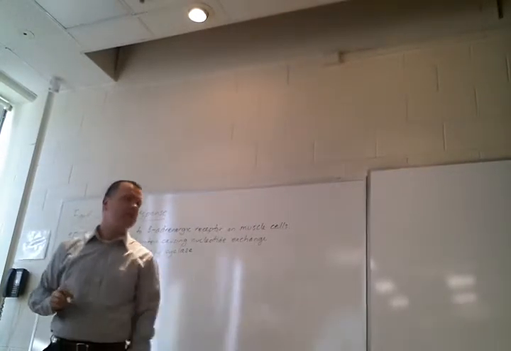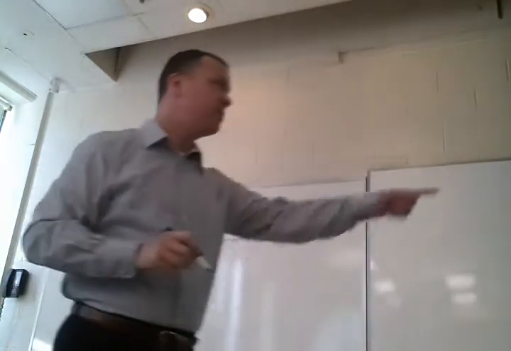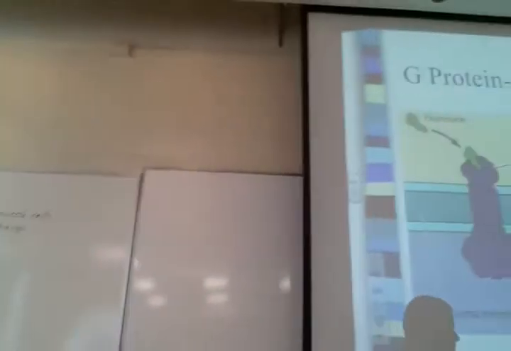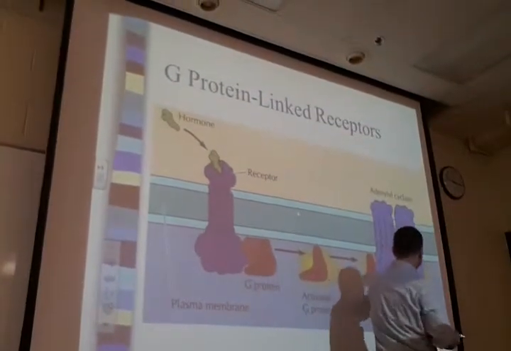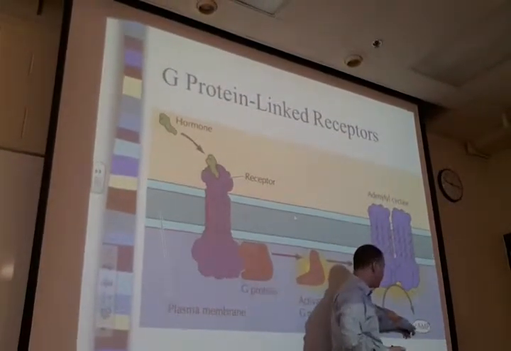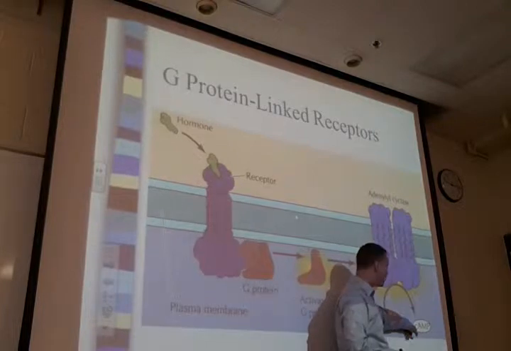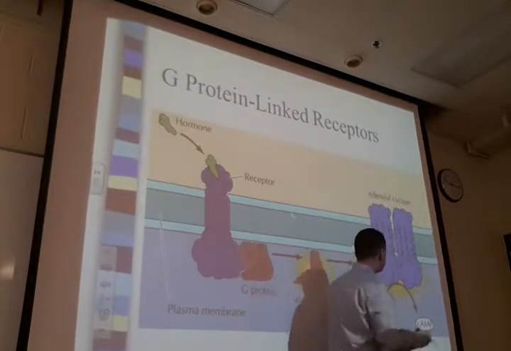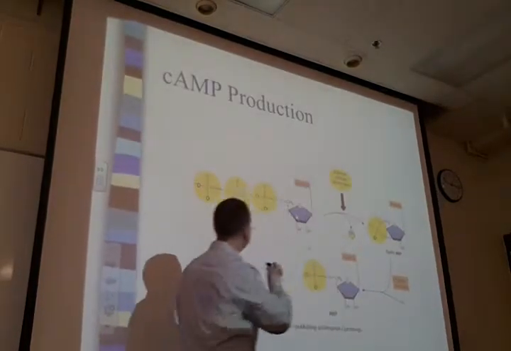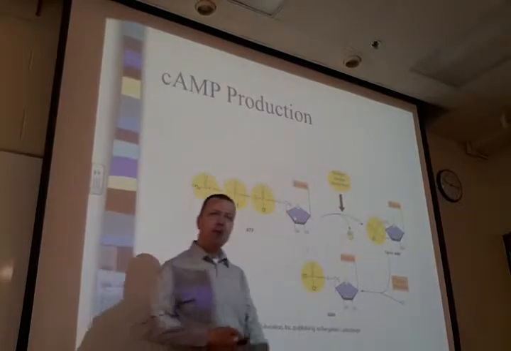And as you can see on the slide, that enzyme runs this reaction. It takes ATP, my old friend, and converts it into something called cAMP, which is cyclic AMP. Let's show the next slide, I think. Okay, so here's our old friend ATP.